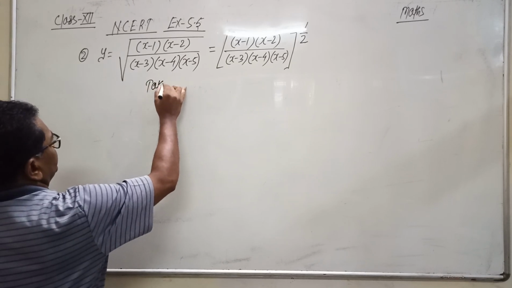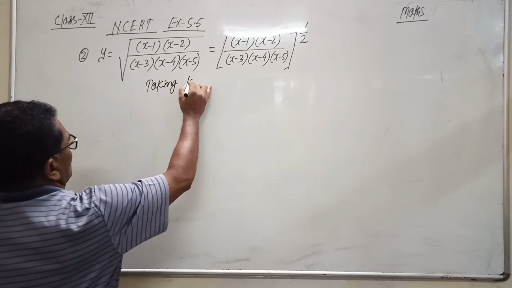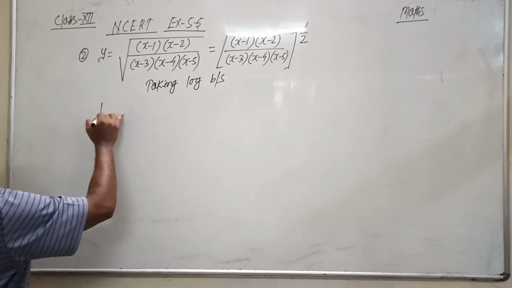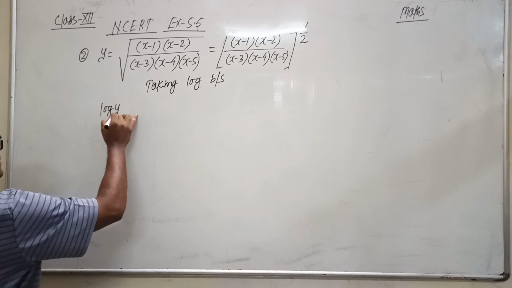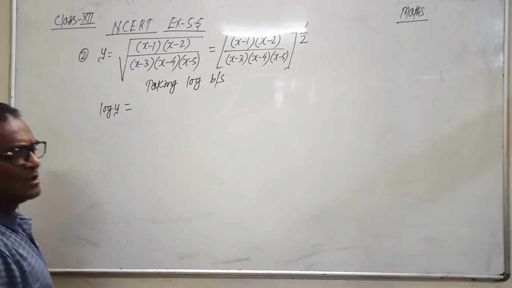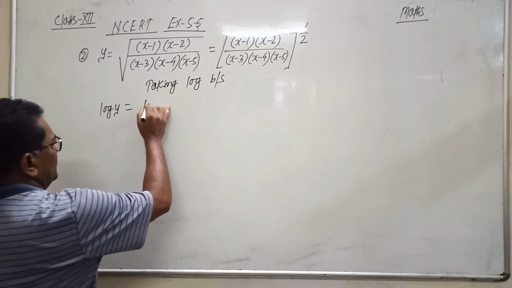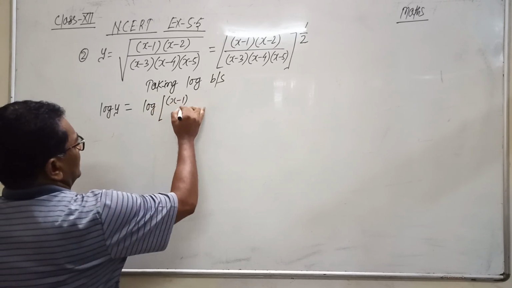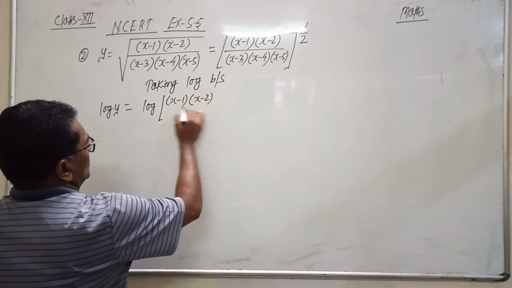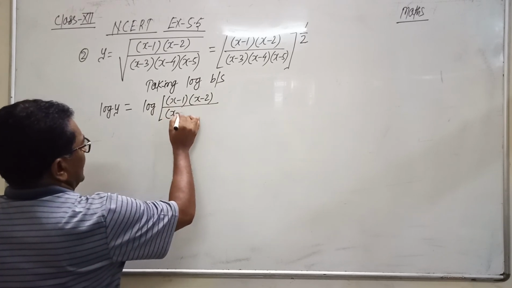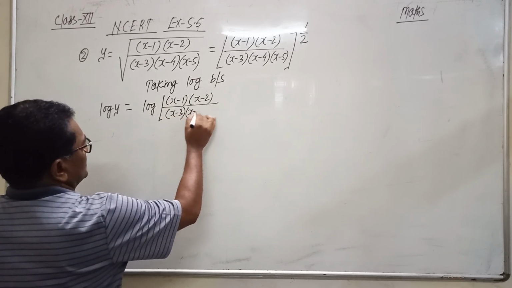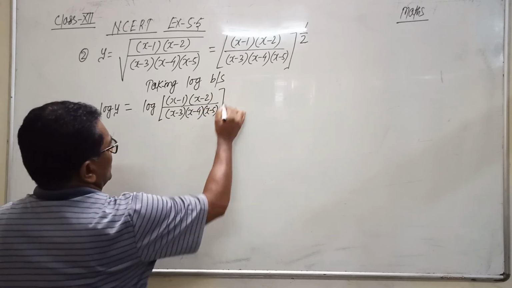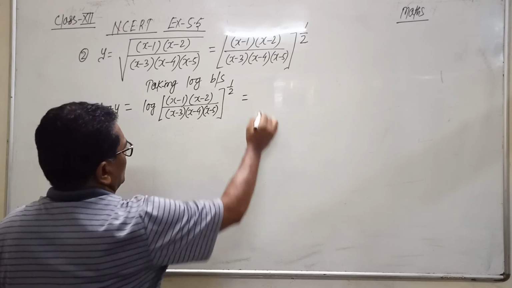Taking log both sides. So log of y equals log of ((x minus 1)(x minus 2) upon (x minus 3)(x minus 4)(x minus 5)) whole raised to the power 1 by 2.